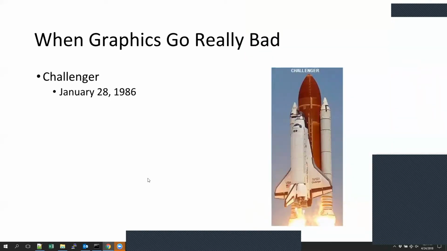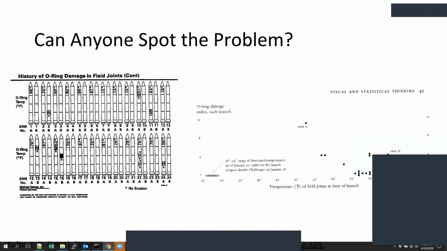Another one I always bring up when I do these types of conversations is the Challenger explosion that happened in 1986, specifically the way this information was presented. If you don't recall what happened during this tragic event, there was damage to something called the O-ring.